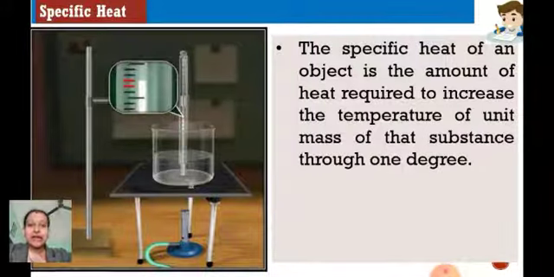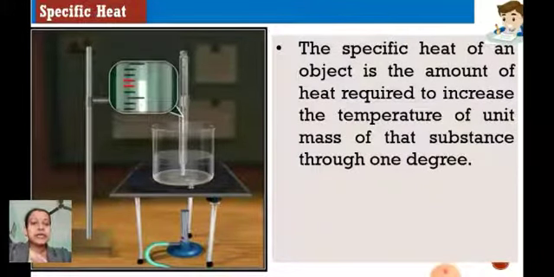This means that if you take any object and give it some amount of heat, that heat will raise the temperature of that substance through 1 degree. Here you can see in the picture the 1 degree increase shown with the red lines.